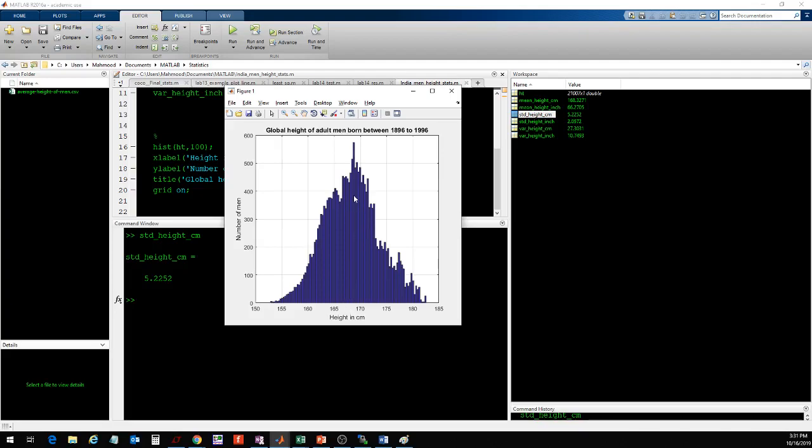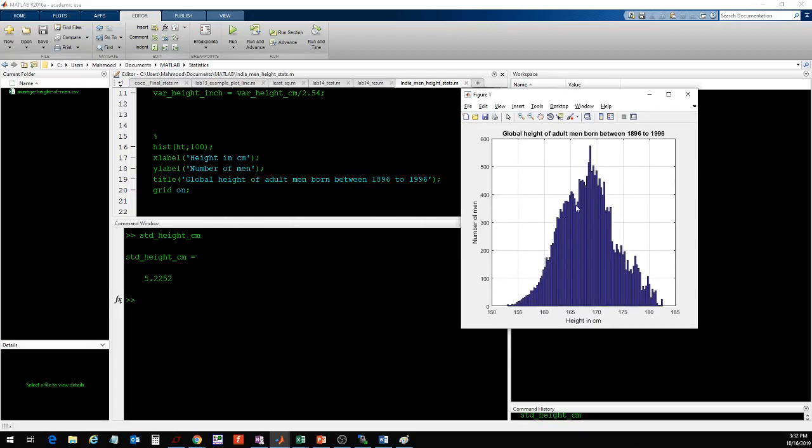If the mean is over here and the standard deviation is 5, I would expect 68% of all the values in this data set to fall within plus and minus 5 centimeters of the mean. If I look at 168 over here, plus and minus 10 centimeters is going to be about this range from here to here, and it looks like most of the men have height in that region. So that's about 68% of the data set. That seems to be a fair estimation based on how the PDF looks.